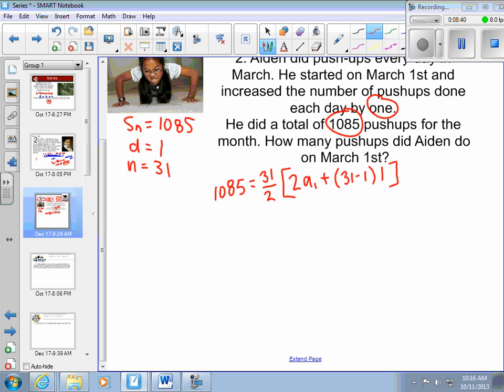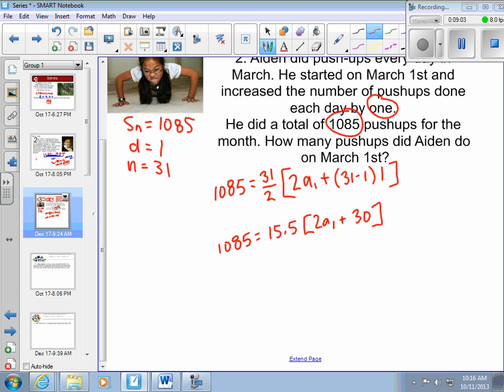So let's simplify, using order of operations. We should be able to do this. We've got 1,085. We could do a little division here. 31 divided by 2 is going to be 15.5, or 15 and a half. We have to make sure we get the parentheses simplified here. That would be 30, and 30 times the 1 would just be 30.